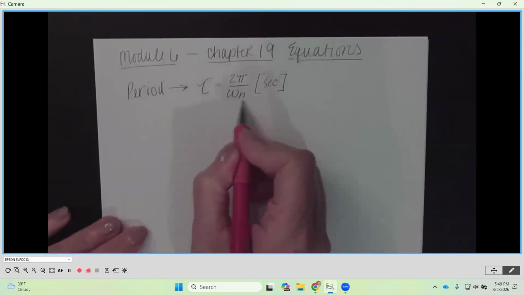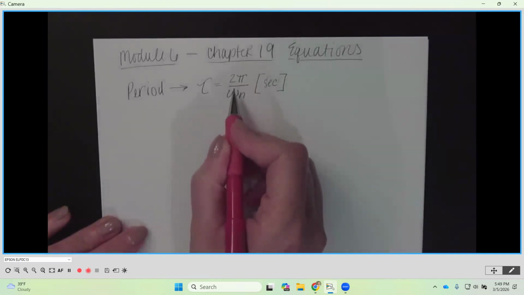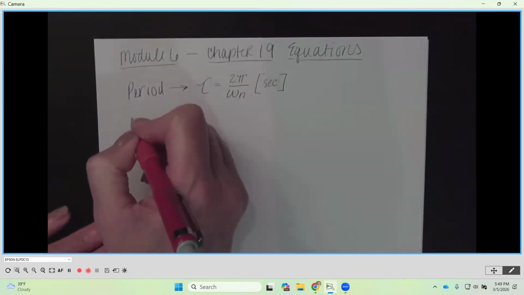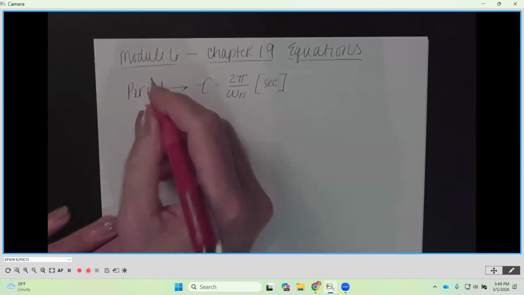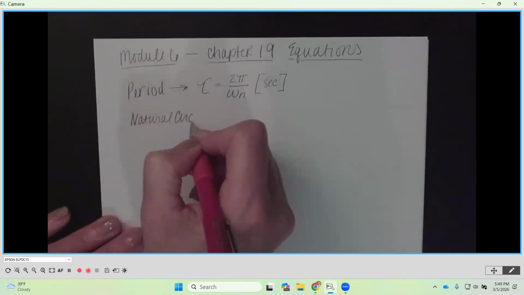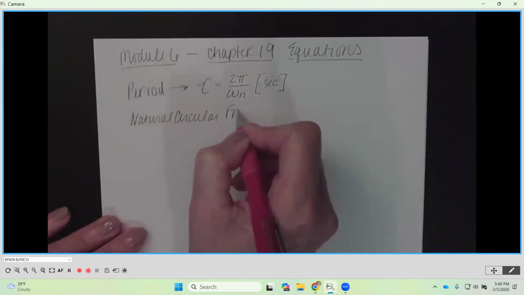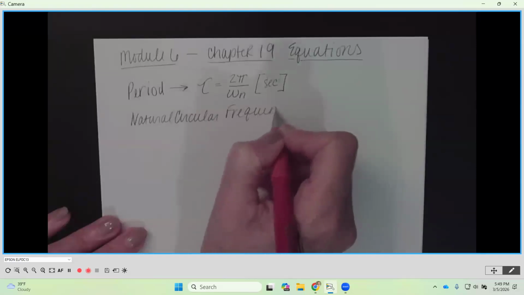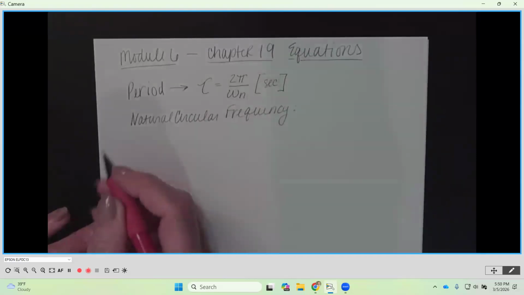So because we have this natural circular frequency here, let's find the definition and how to calculate that, because that's going to come in handy for us. So natural circular frequency. Okay.